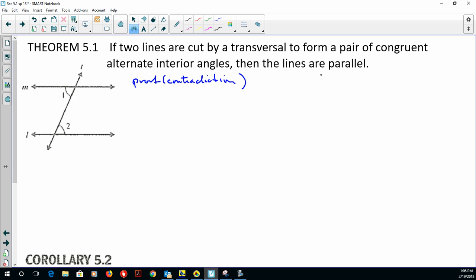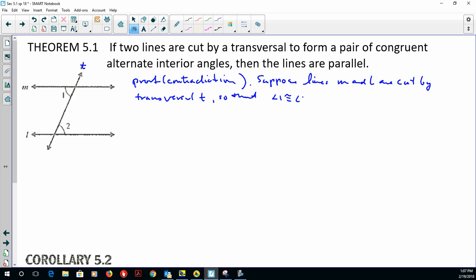So let's suppose that lines M and L are cut by a transversal T, so that angle 1 is congruent to angle 2, as shown.